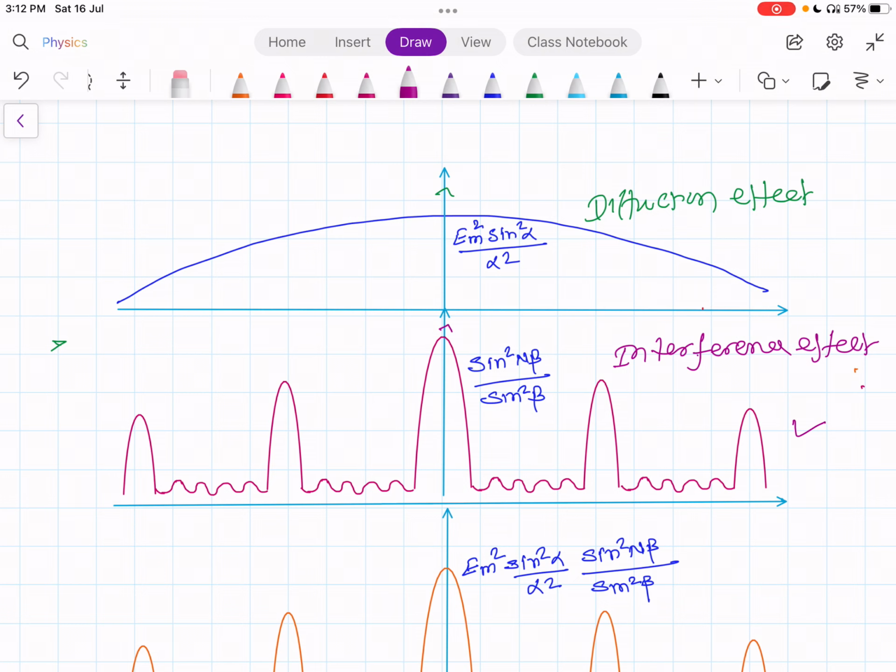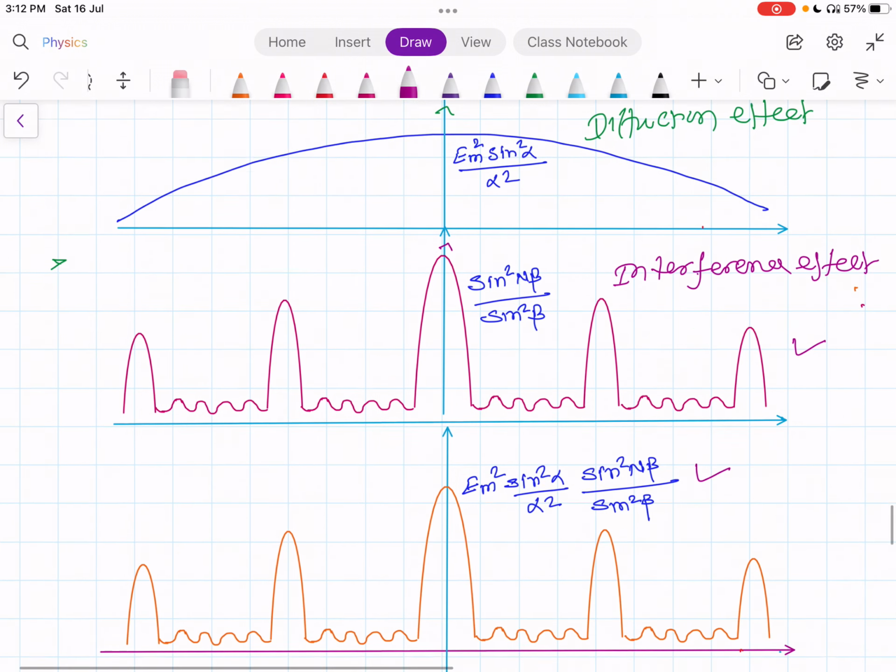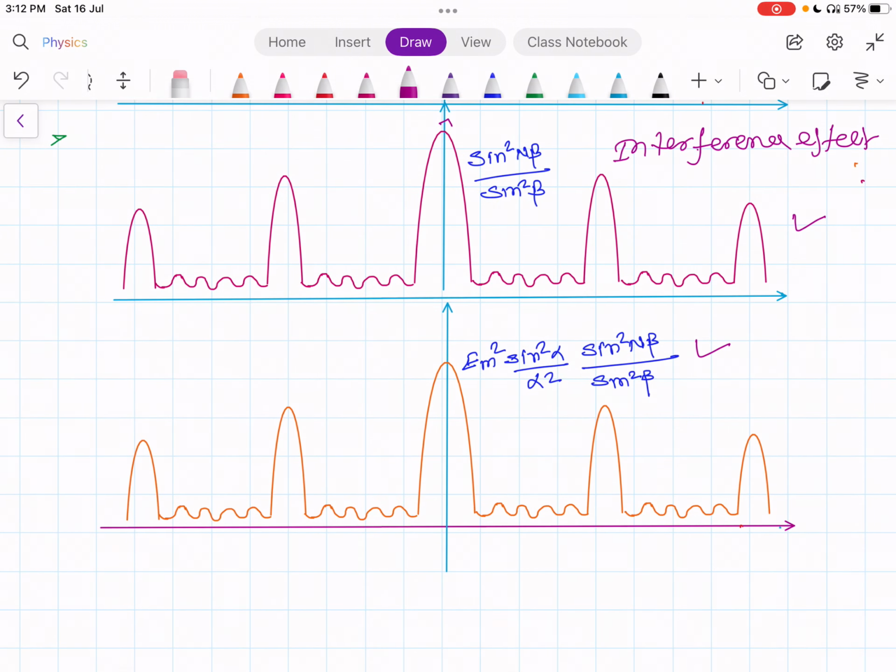And actually, the resultant is a combination of diffraction and interference effect, which is equal to Em square sine square alpha upon alpha square times sine square n beta upon sine square beta. And this is the diffraction pattern from the grating. So these are the principal maxima.